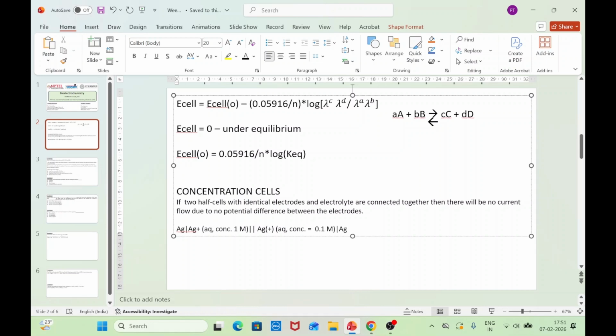So with this, can you calculate what will be the E naught of the cell? Again, I'm asking you to calculate under the equilibrium condition. So what will be the E naught of the cell for this particular reaction? Quickly, can anyone calculate and let me know?